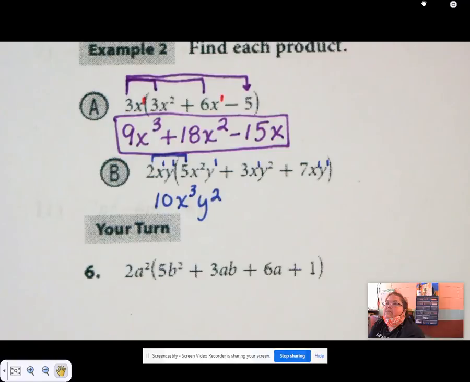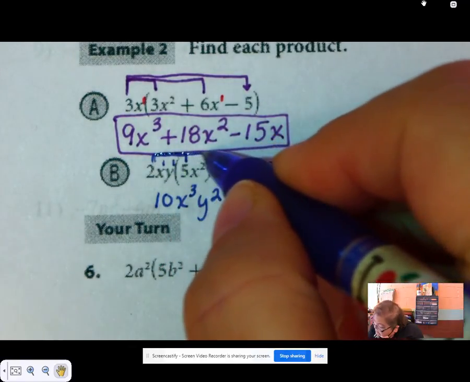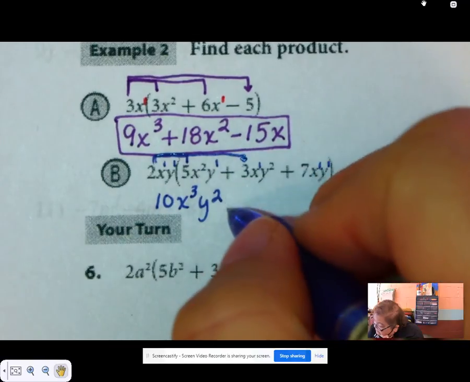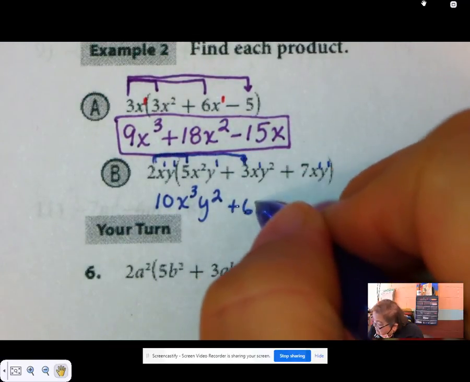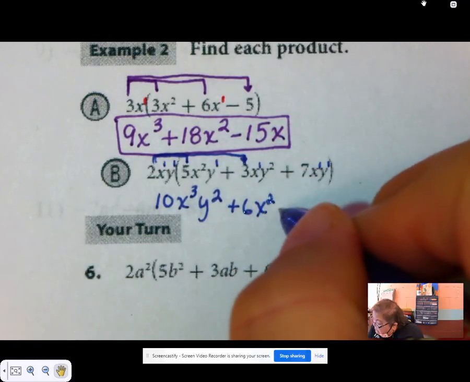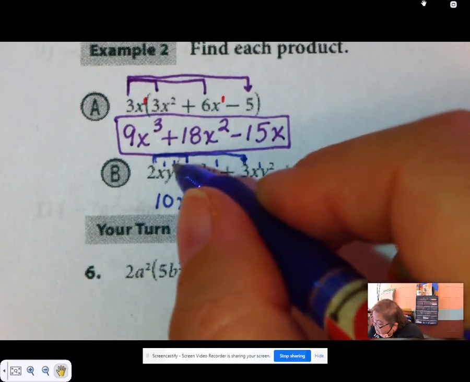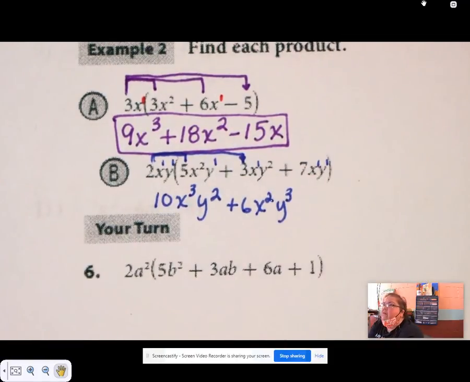Questions? Okay. And then 2 times a positive 3 is a positive 6. X to the 1 plus 1 is 2. Very good, thank you. Y to the 1 plus 2 is 3.